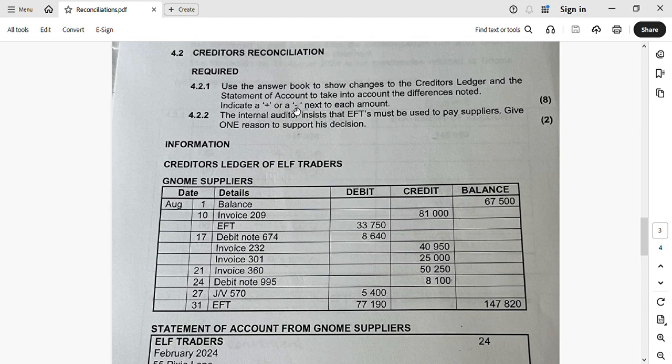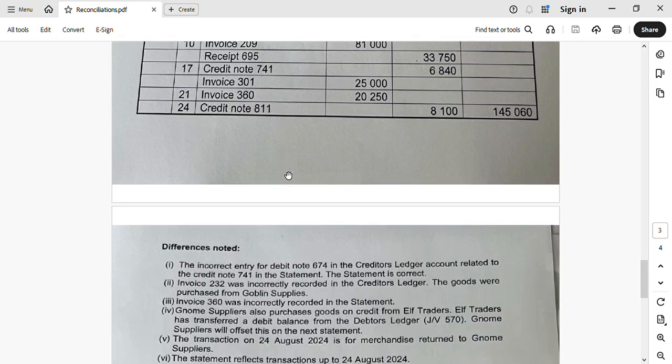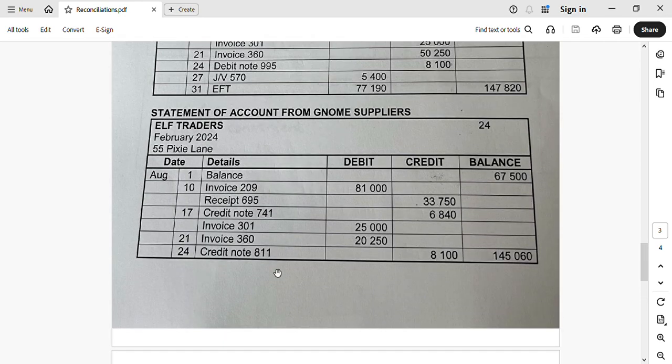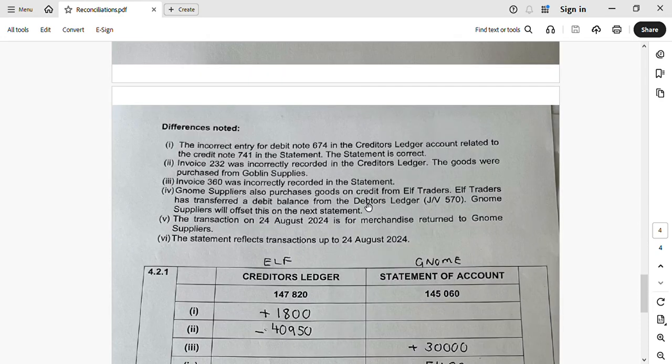Now, to assist you with this, I want you to imagine that we deal with us and them, so that you actually put the name of our business as us. So it's the creditors ledger of Elf Traders. So above the creditors ledger, put Elf, and then the creditor that we're buying from is Gnome Suppliers, so above the statement, put Gnome.